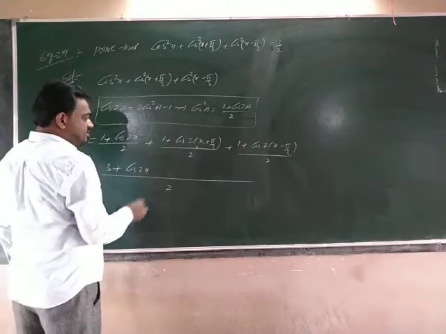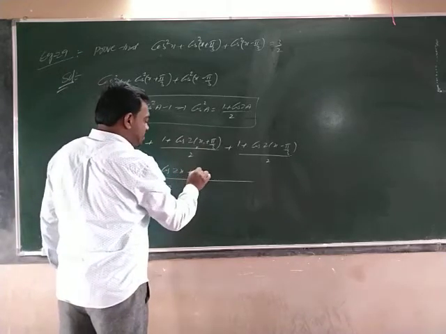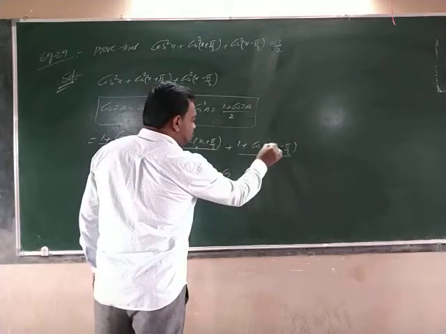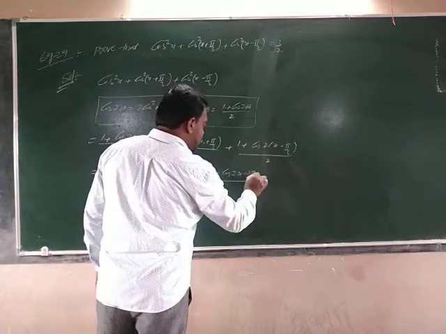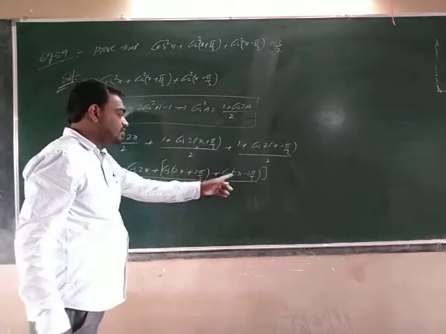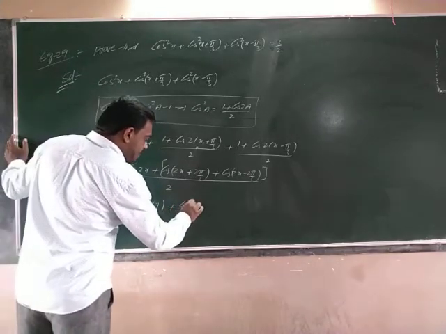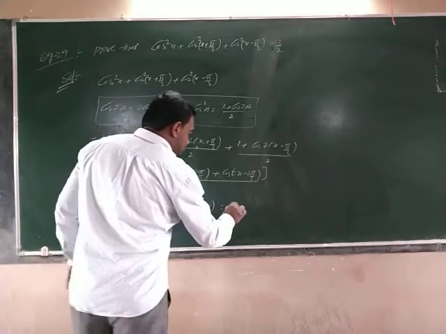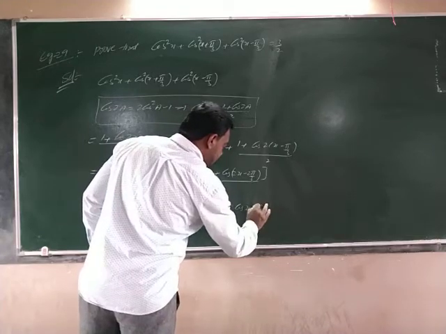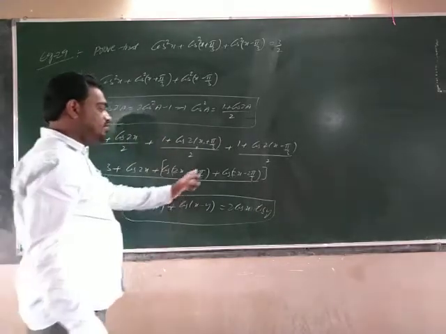Then cos 2x plus cos of 2x plus 2 pi by 3 plus cos of 2x minus 2 pi by 3. You see, these two terms are in the form of cos x plus y plus cos x minus y. That is equal to 2 cos x cos y, that is the formula. You apply it now: in place of x, 2x; in place of y, 2 pi by 3.